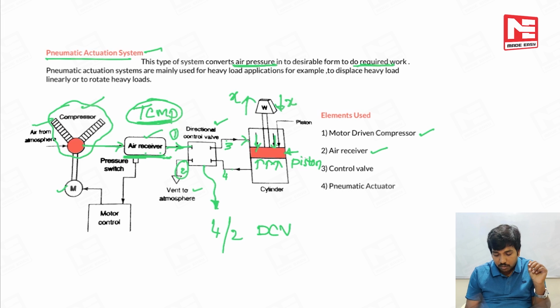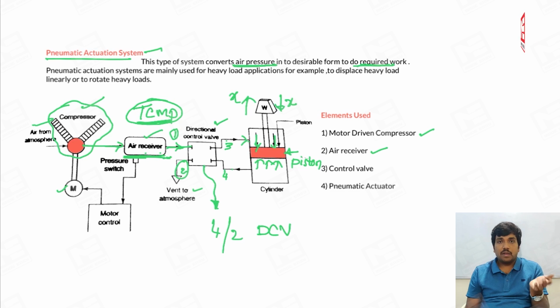Now the third one is the control valve. What kind of control valve did we use here? A 4x2 directional control valve. And again, these control valves can do their function in two ways. Either we can program the control valve and run it with the help of a program, or else we can control it manually.